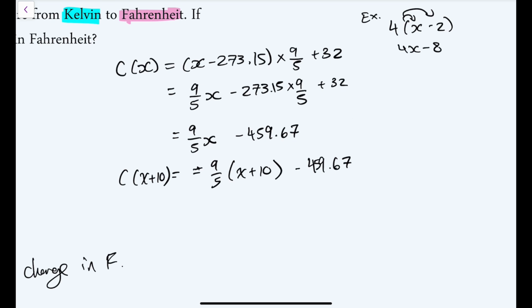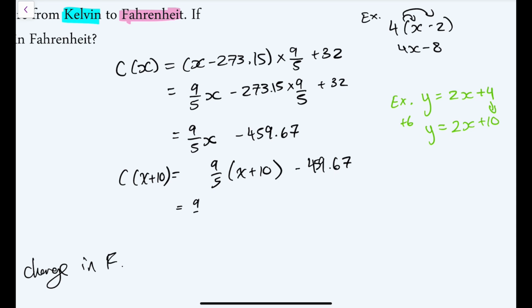In a small example, if I said y is equal to 2x plus 4, and then now we say y is equal to 2x plus 10, what's the difference? We're adding 6. That's the same idea here. We're going to compare the two to see what the actual difference is.